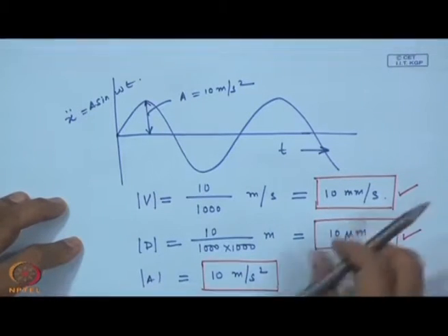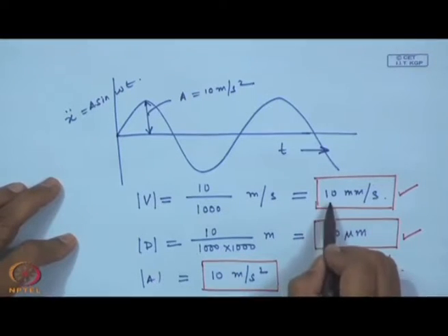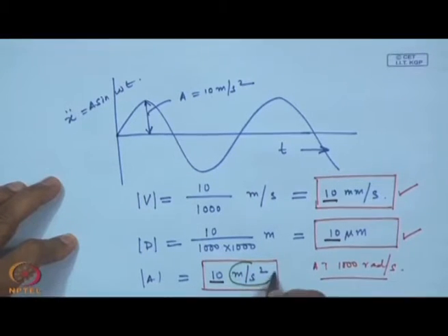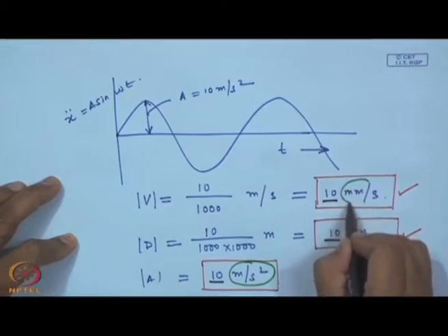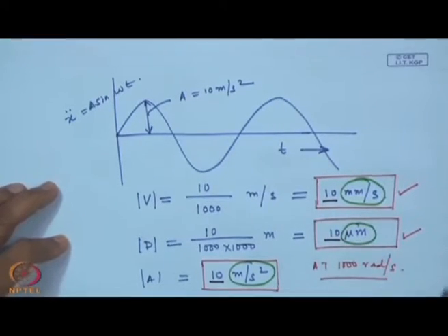So, a good rule of thumb in the field is this is 10, this is 10, this is 10. The only thing we have to be careful about is the units. One is in meters per second square, other is in millimeters per second, and other is in micron.